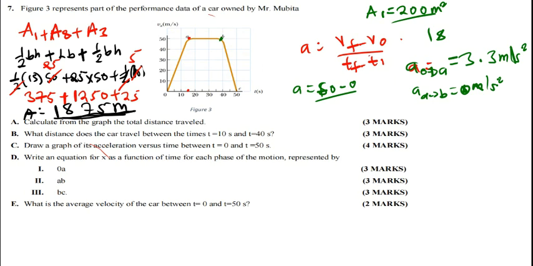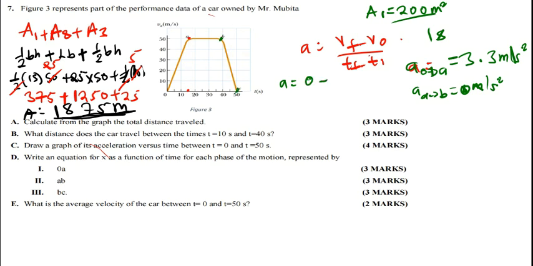Then what of acceleration from B to C? We expect it to be negative because it was decelerating. The final velocity is 0 at this line.